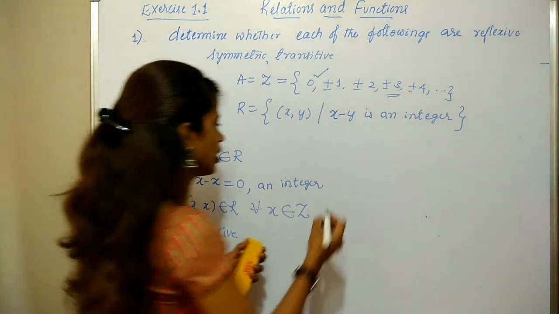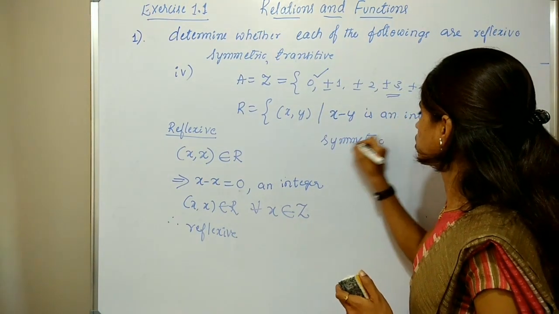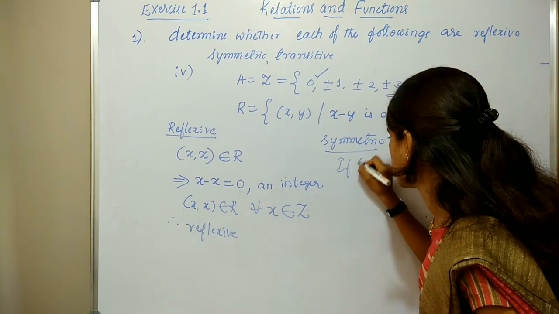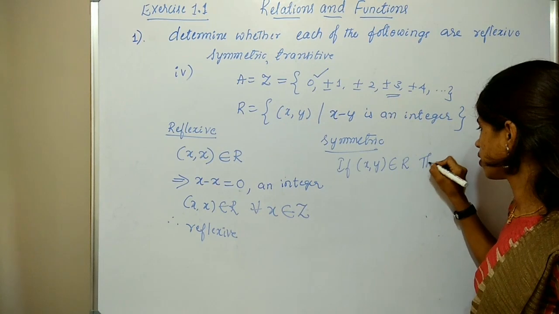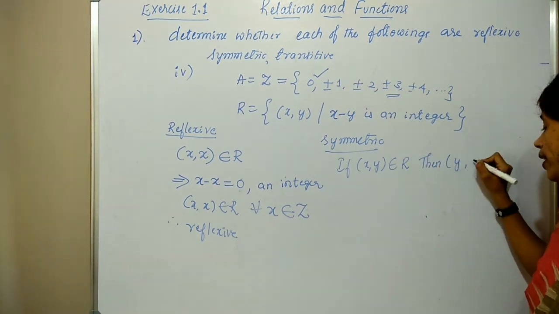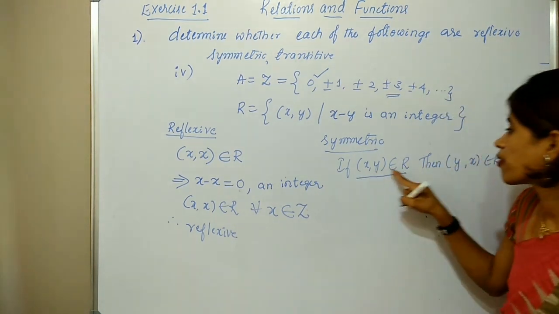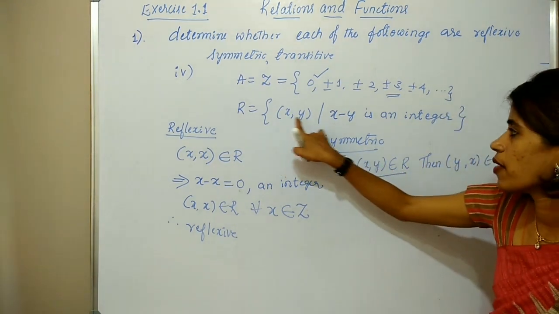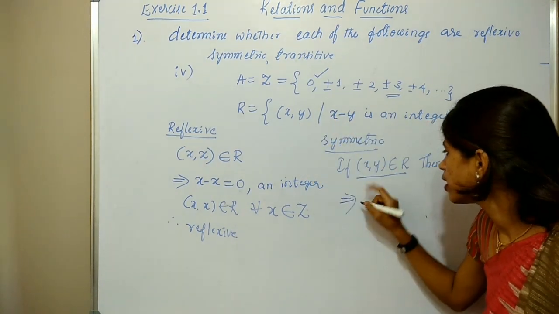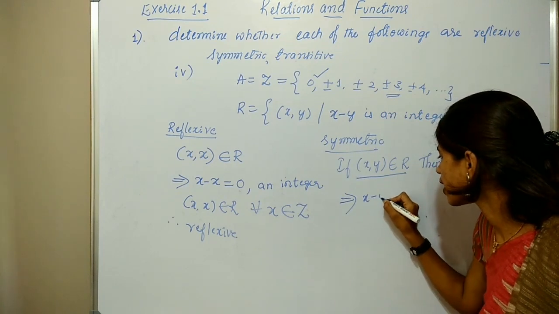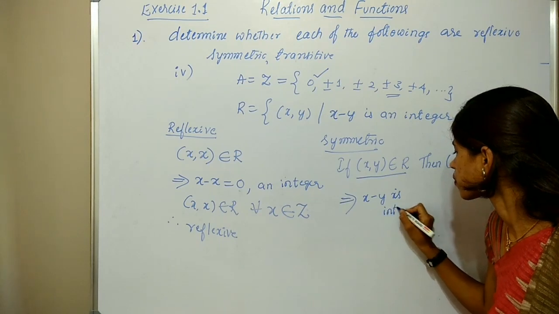Next, symmetric. For that, if (x, y) belongs to R, then we show that (y, x) also belongs to R. What does it mean? (x, y) belongs to R only when x minus y is an integer.